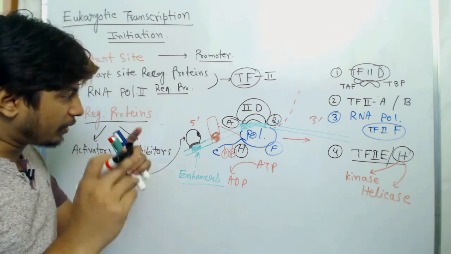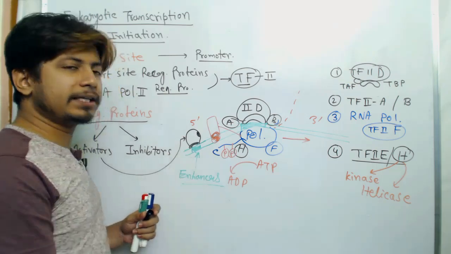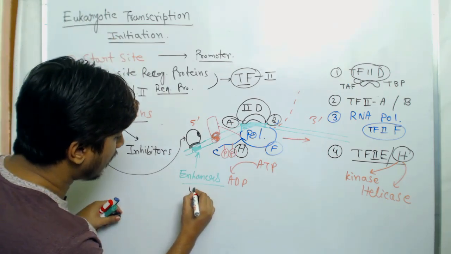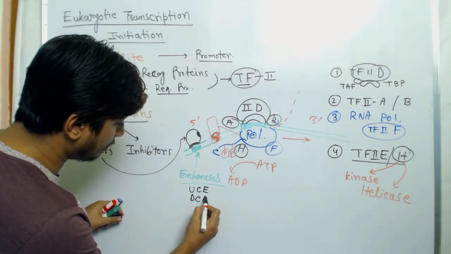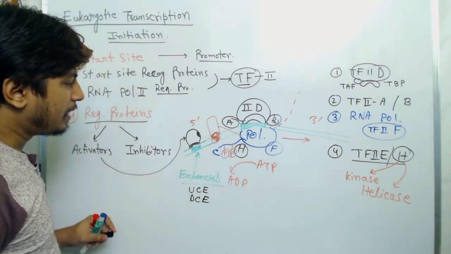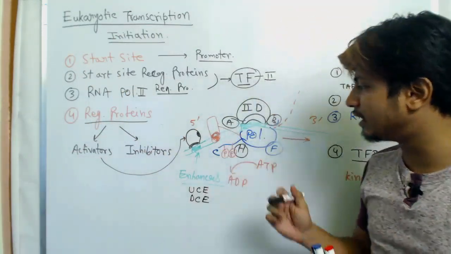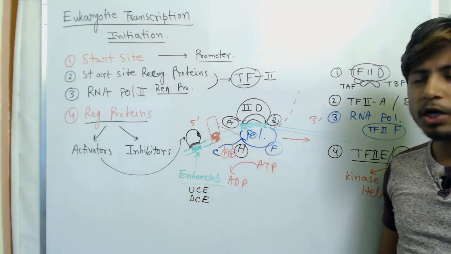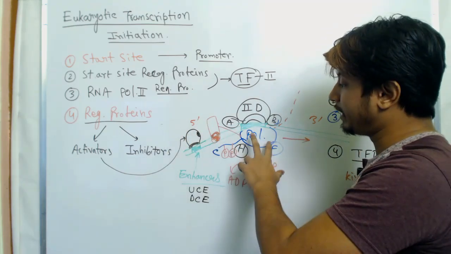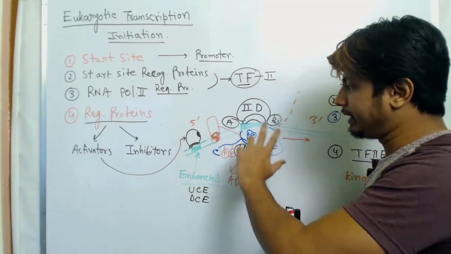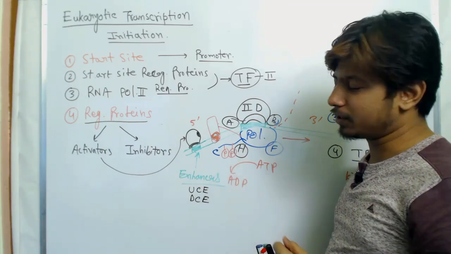But you may ask one question. I am telling you that the enhancer element of the DNA, which is also known as upstream control element or distal control element, is distal and placed 200, 300, 400 nucleotides upstream of the promoter sequence. So how exactly can the activator or repressor be in direct contact with the polymerase? Without direct contact with the polymerase, they cannot influence the process of initiation.